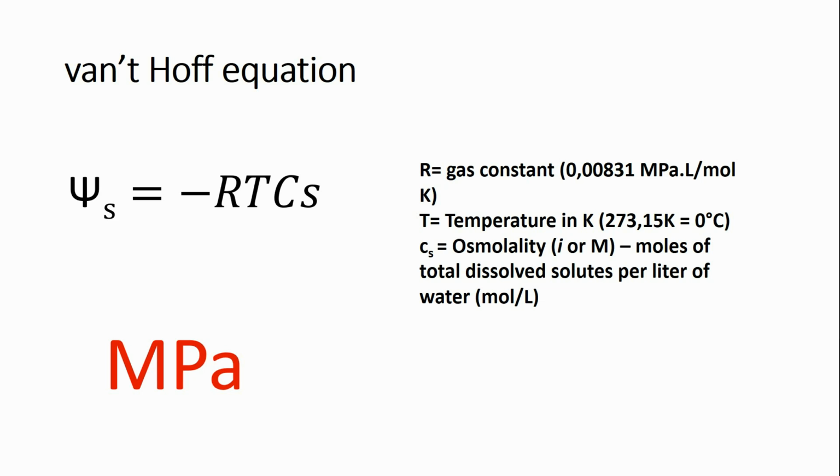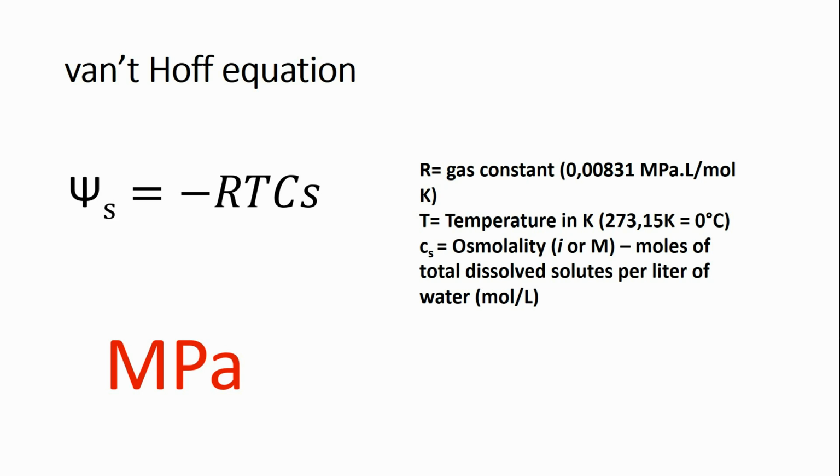And remember, we measure Van 't Hoff's equation in megapascals. You might see something other than megapascals in the extra readings or in YouTube videos. I want you to remember that this will be measured in megapascals.